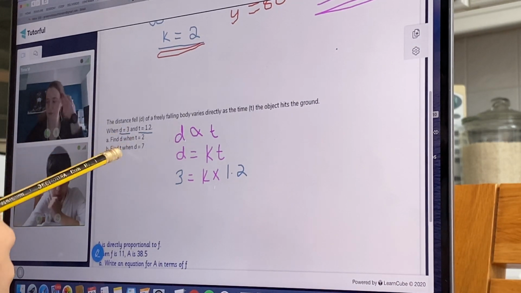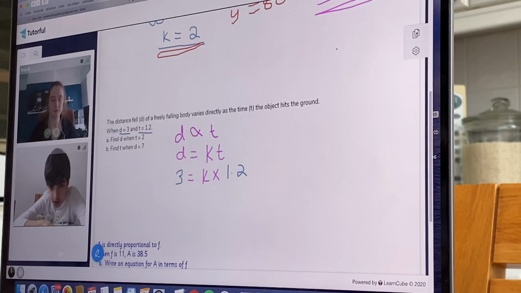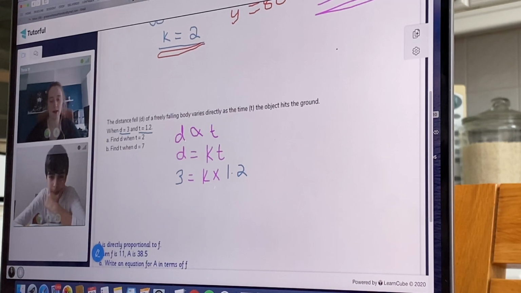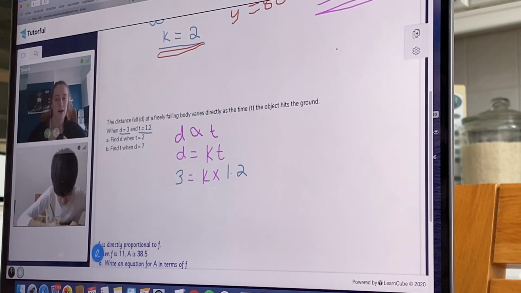Does that make sense? So this is quite a tricky one if you don't have a calculator. Do you have a calculator? No? So we'll have to convert this to a fraction, but it's still doable. So to get k, what do I have to do now?